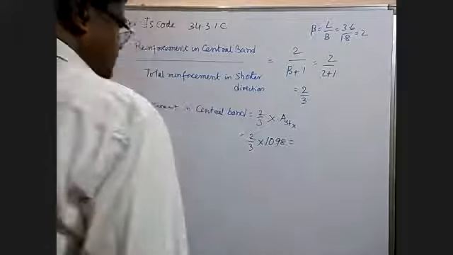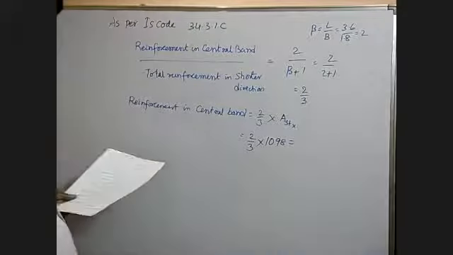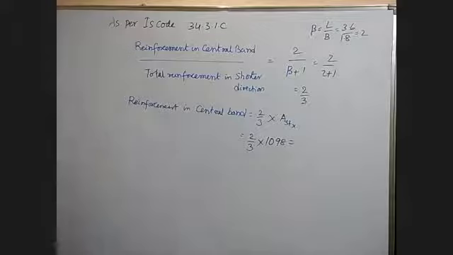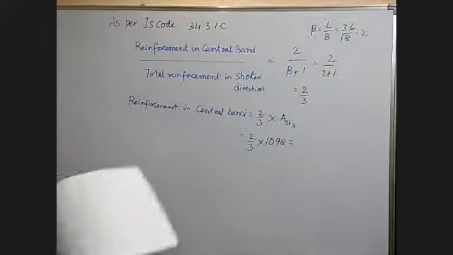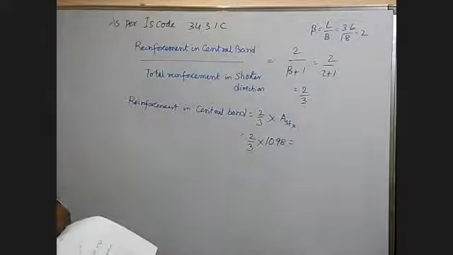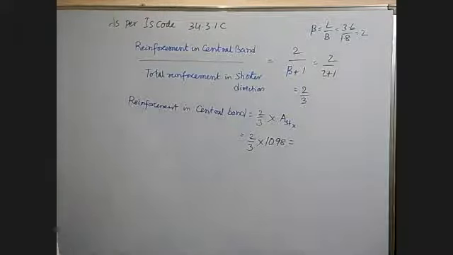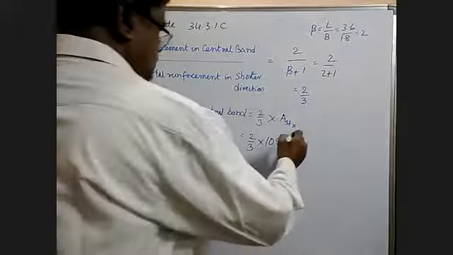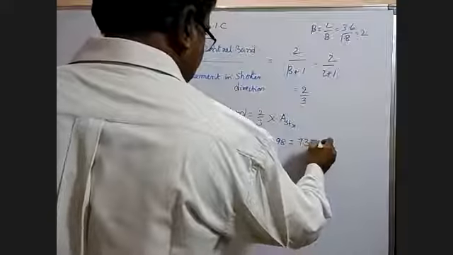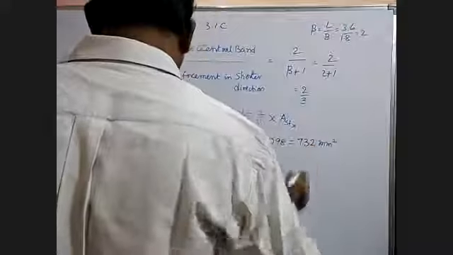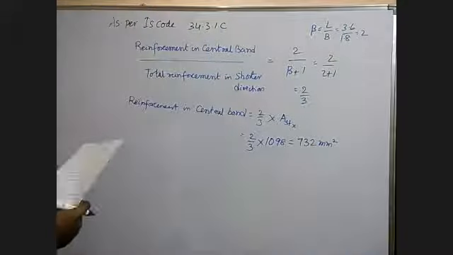So how much is it? Calculation: 1098 into 2 divided by 3, 732. 732 mm square. Okay.